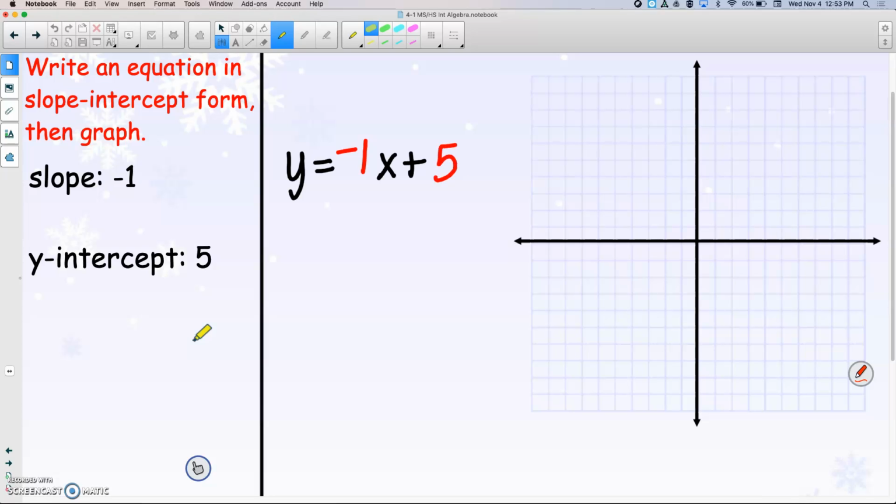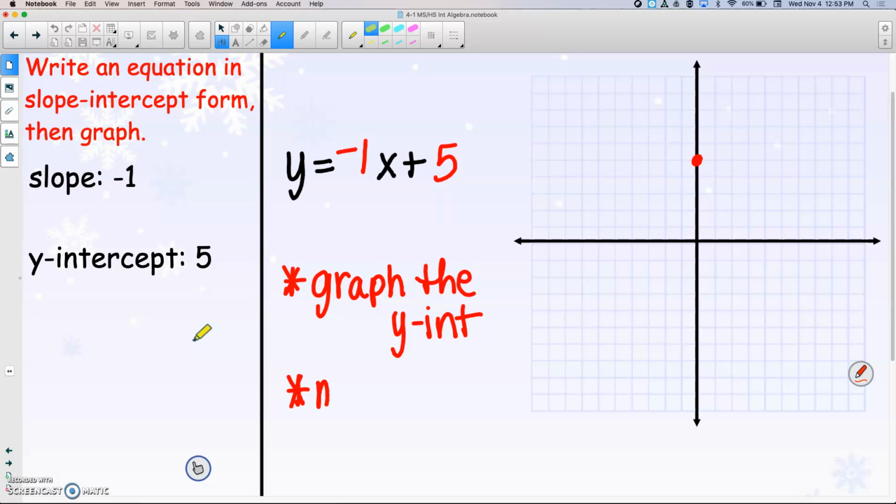When you graph, make sure you're graphing the y-intercept first. So graph the y-intercept. This one is 5. So put it on your y-axis. Then you're going to make the slope a fraction and use it to find 2 more points.